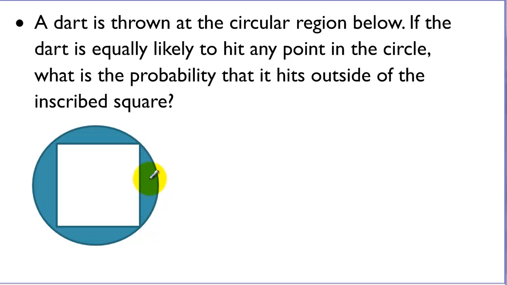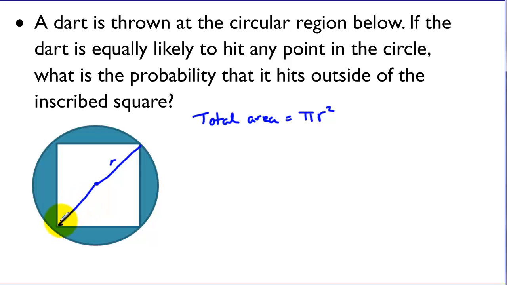So we need to know the area of the blue part and the total area. Now, we don't have dimensions on this, so this circle has a radius of r. So the total area is pi r squared. Now we need to get the dimensions of our square.